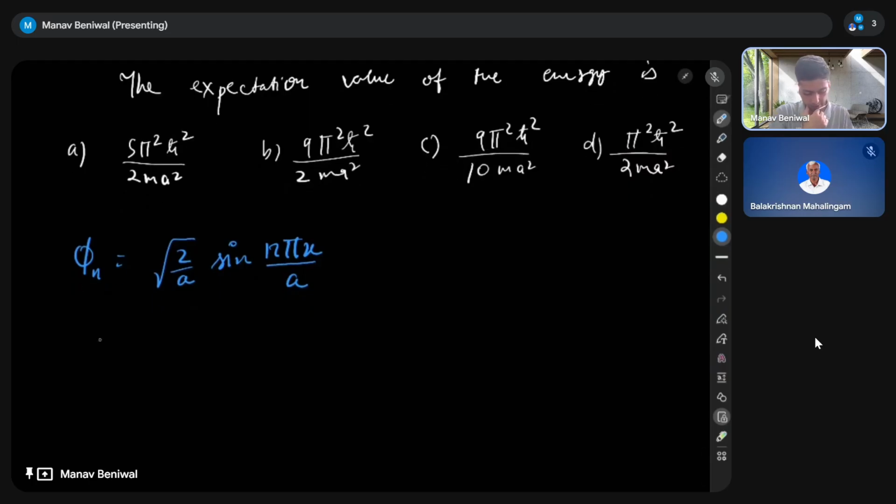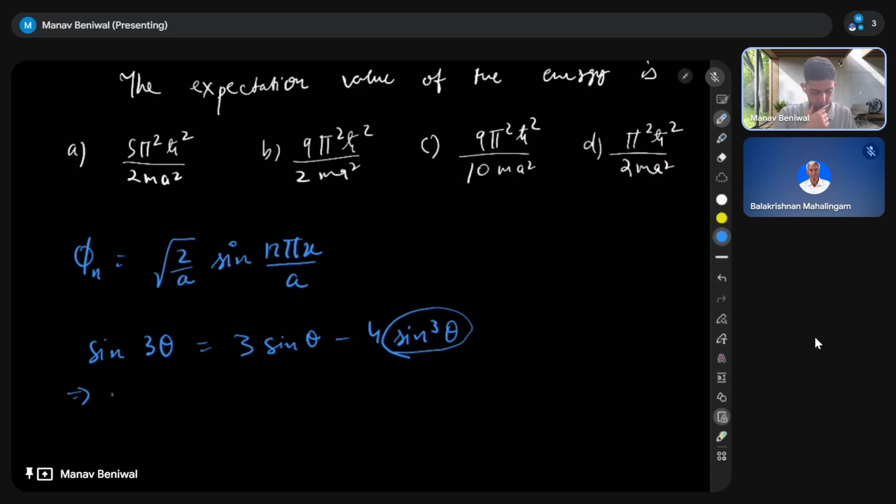identity, and we know that sine of 3 theta is 3 sine theta minus 4 sine cubed theta, right? So we'll use this identity, and then we can convert this sine cube to linear sines, which will be sine theta and sine 3 theta.